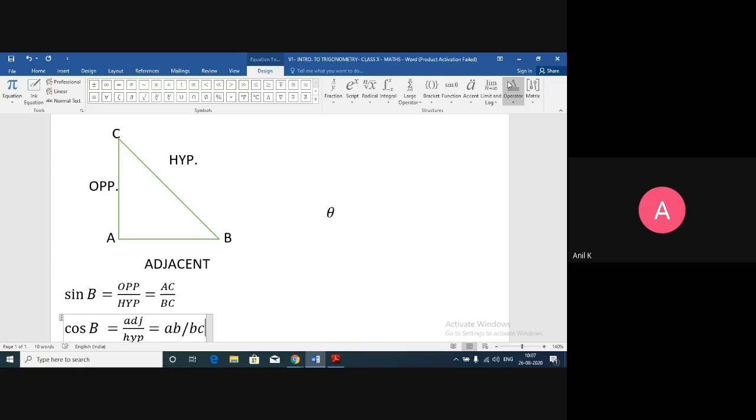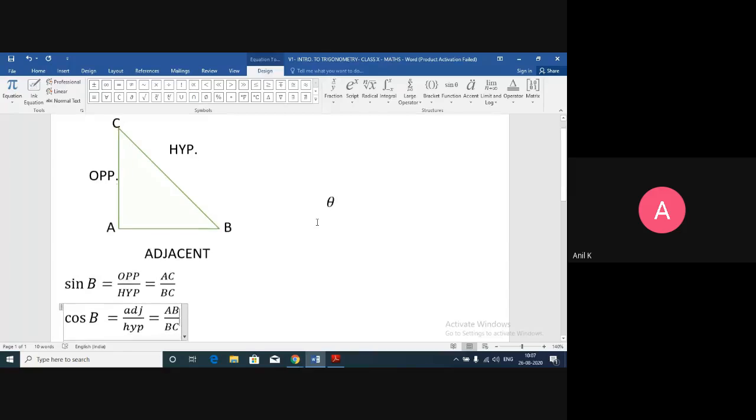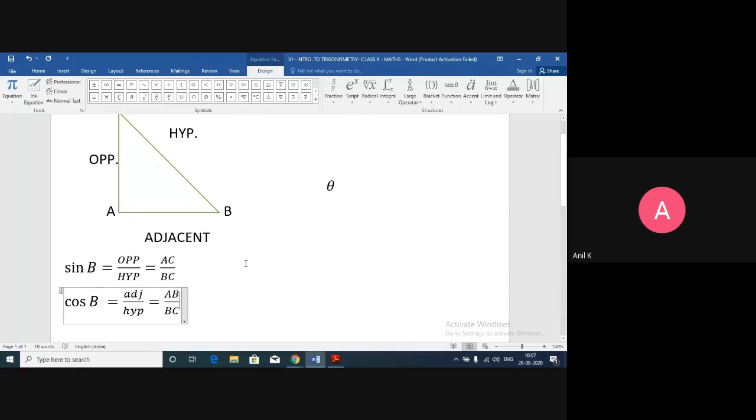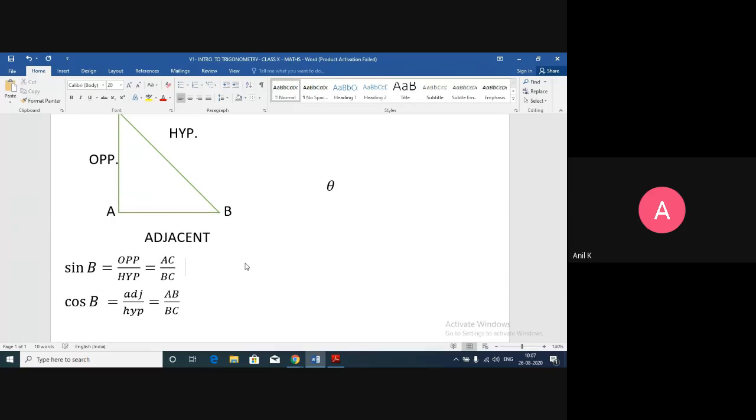You want to write capital letters: AB upon BC. This is the definition of cos B. This is the second. Cos they also write as cosine, but we don't put that. The easiest and simplest way is to use cos only. Sine, cos. Next one is tan.